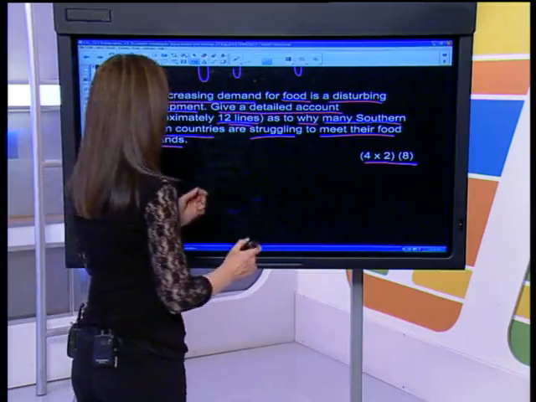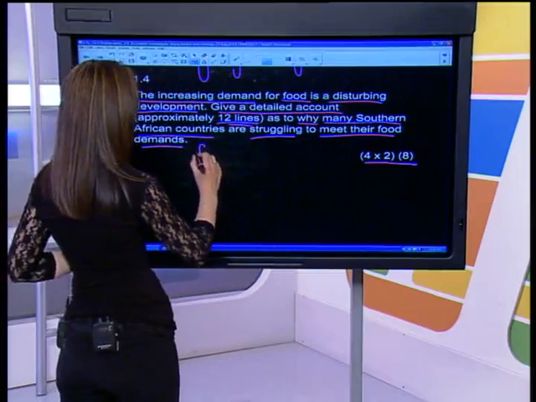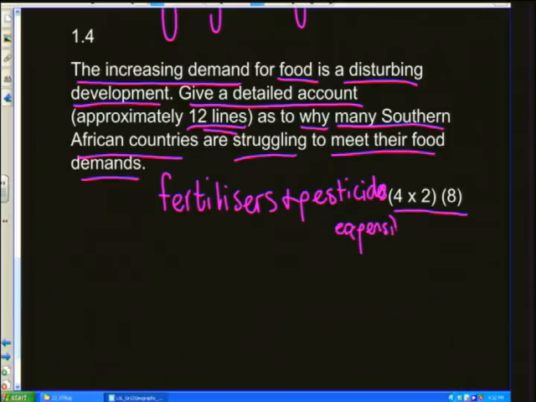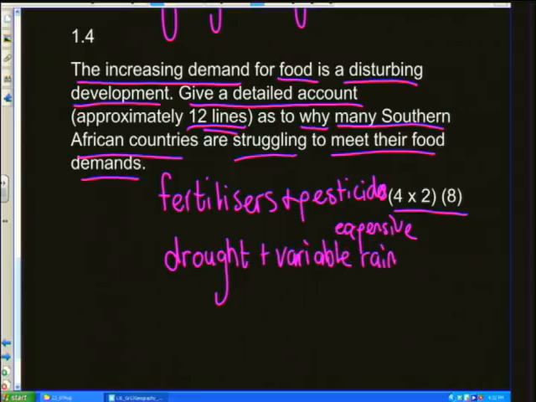Right, so first of all, let's write down that fertilizers and pesticides are expensive. Can't really afford them. All right, in addition to that, drought has taken its toll, so they can't grow enough food. As well as the fact of variable rainfall is a big problem as well.